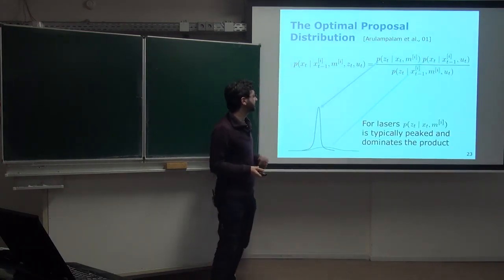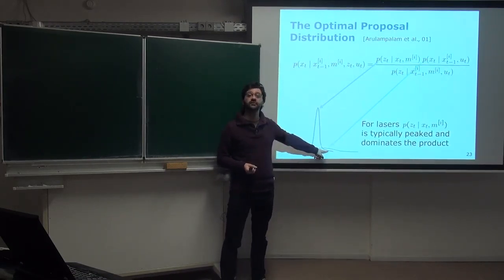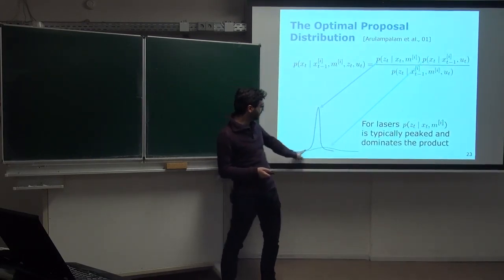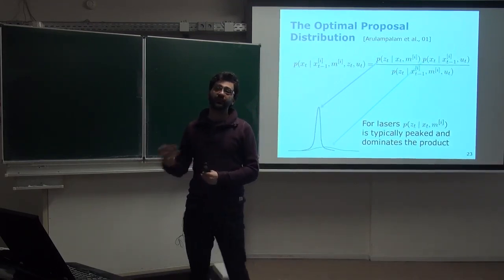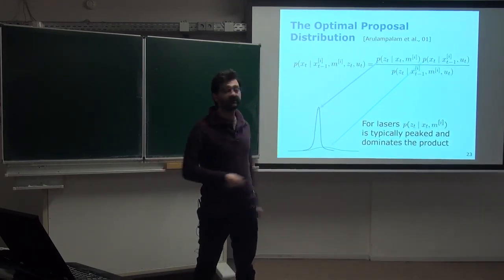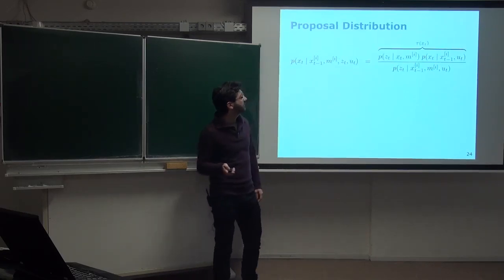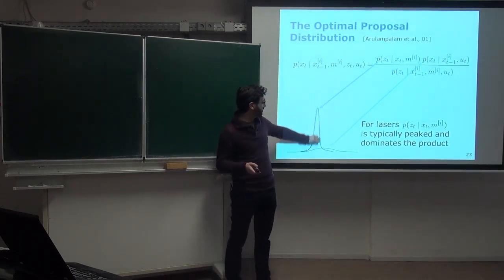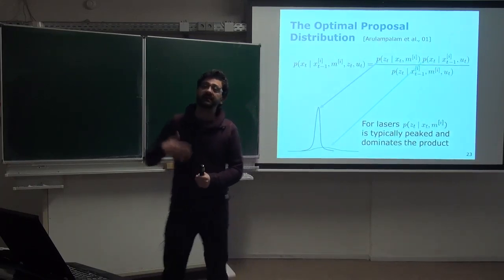If you look at laser scanners, we have a very peaked likelihood because the sensor is very precise, and normally we have a not so peaked odometry because it's way less precise than the laser measurement. Okay, so basically this tells us that we have two parts: one which is really what we should care about, and one part which gives us less information.